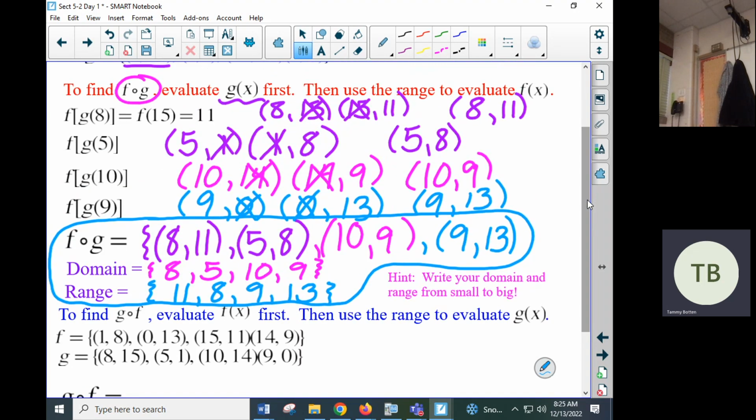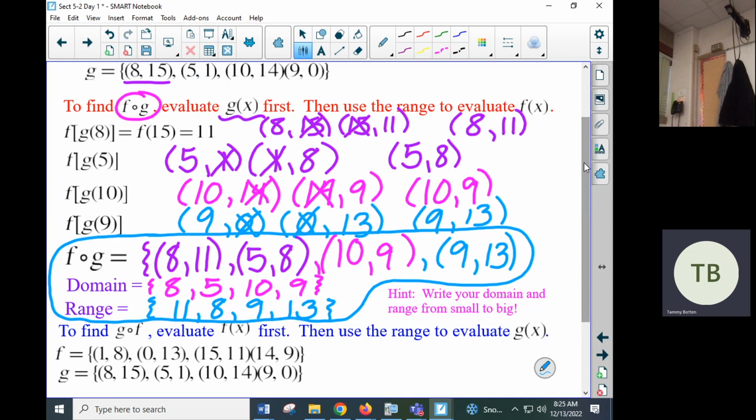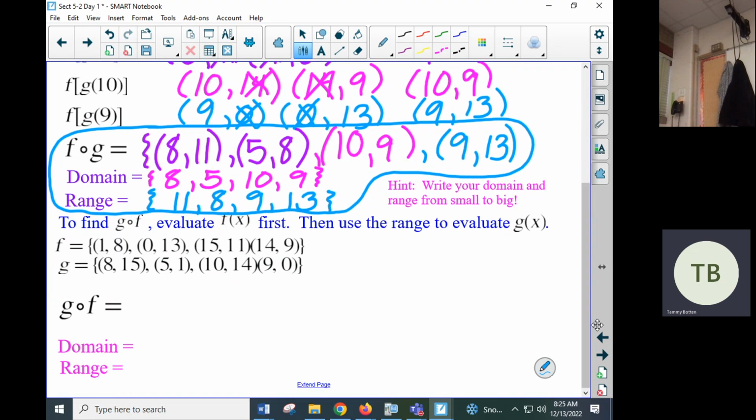This part that I did, if you don't need to do that, don't worry about it. Okay, so that is when you do F circle G, you start with G first. When they give you G circle F, whatever one is listed last, that's the one you start with.